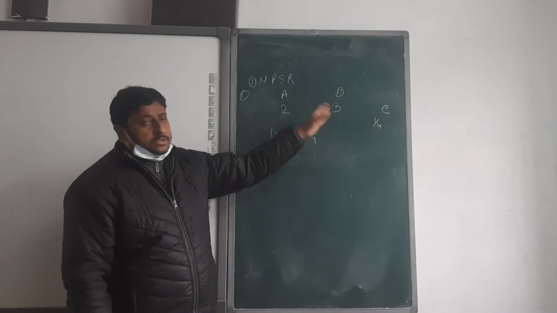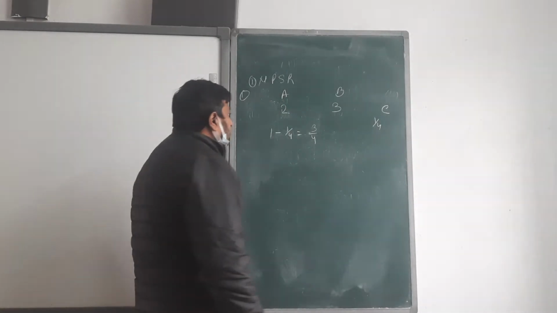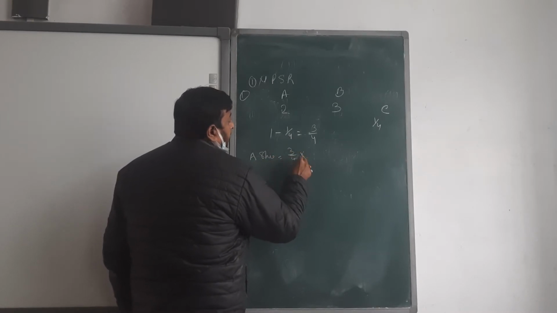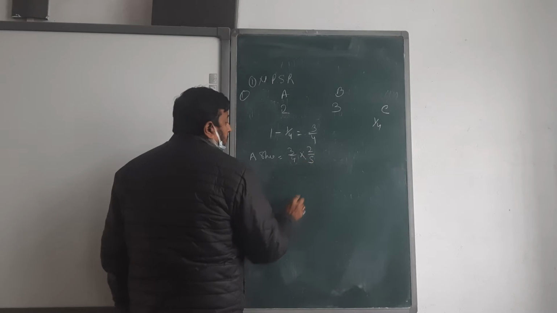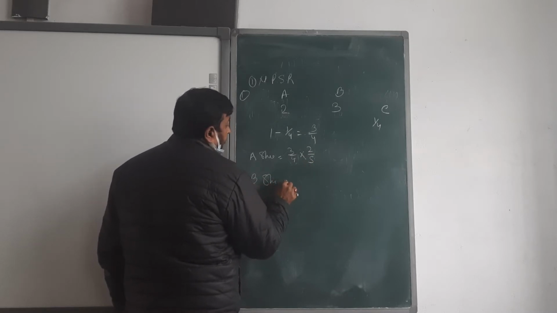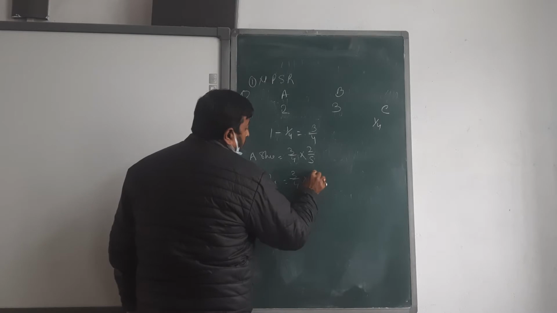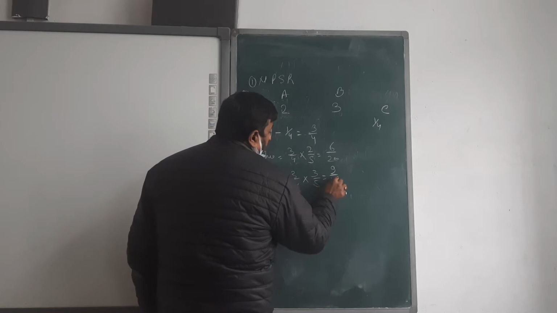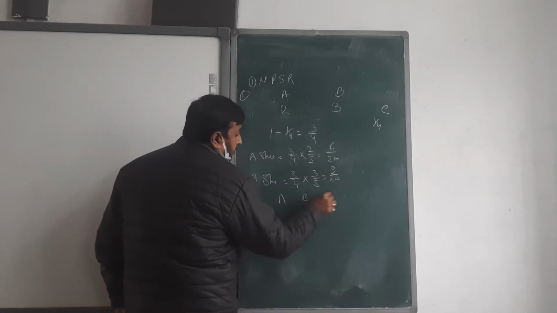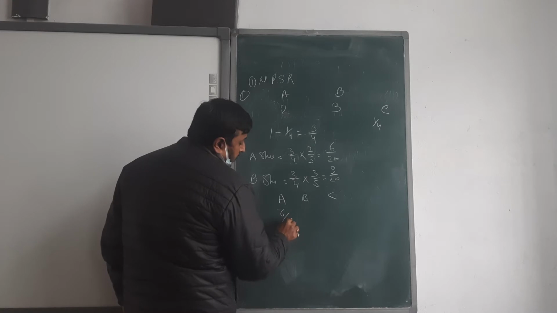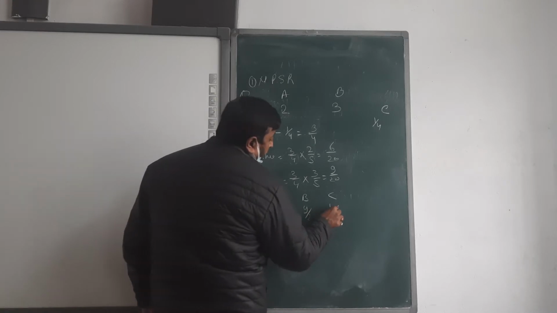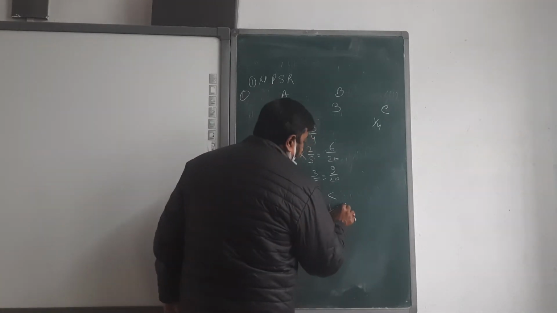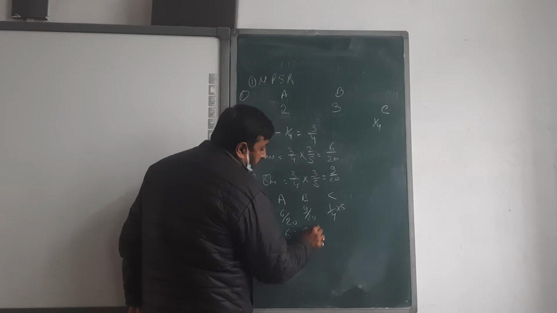This remaining share belongs to A and B, so it will be distributed between A and B. A's share is 3/4 into 2/5, and B's share is 3/4 into 3/5, which is 6/20 and 9/20. Now set all the ratios for A, B, C: 6/20, 9/20, and 1/4, which is 5/20. The new ratio is 6:9:5.